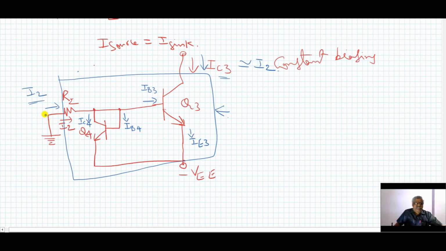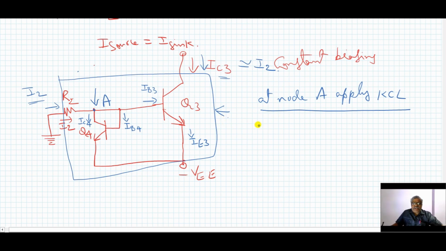Now at this node, let us call this node A. At node A, if you apply KCL, what we get? Current entering is I2. So I2 is equal to, what are the other currents that are leaving?